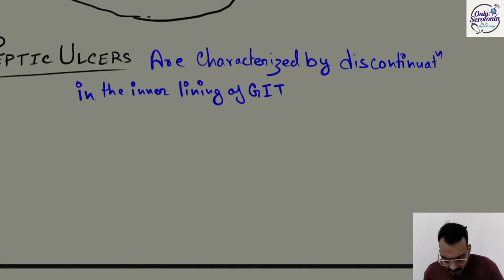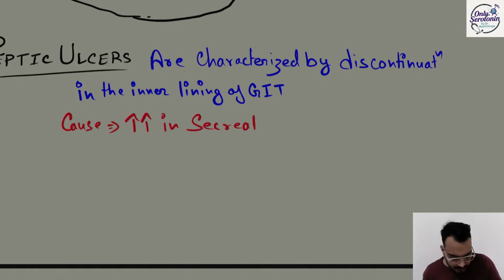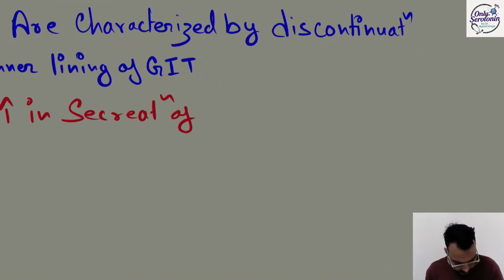Why are these ulcers happening? The cause is an increase in the secretion of hydrochloric acid, that is my gastric acid, as well as pepsin.